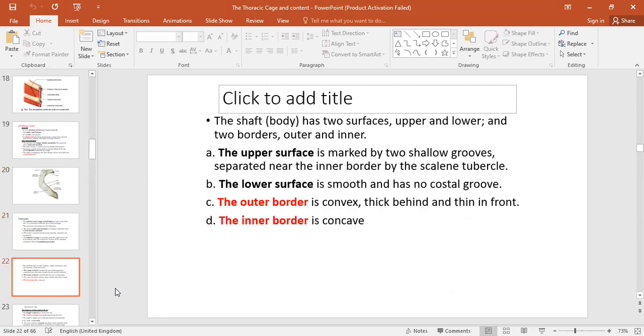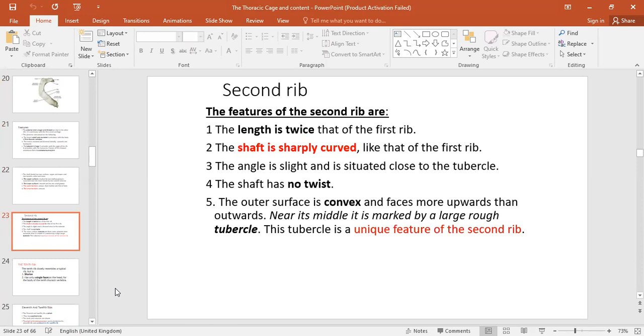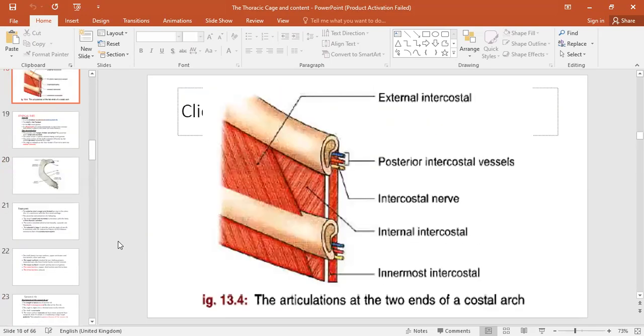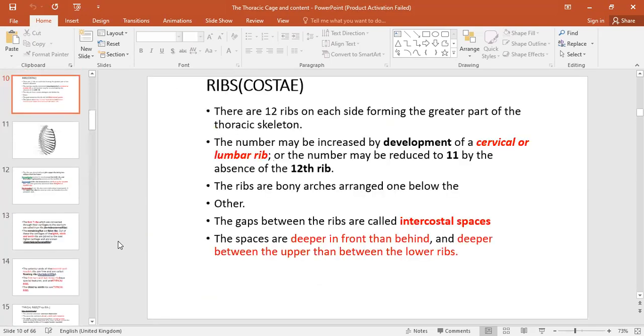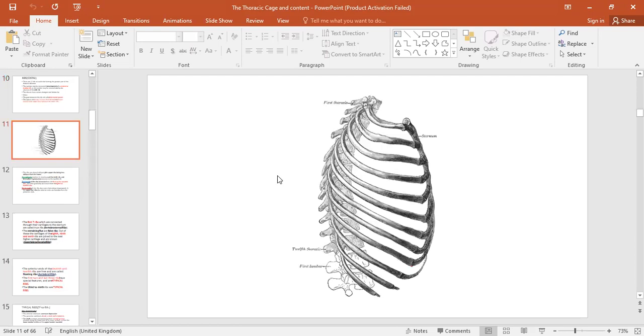Let's look at another rib that is considered as being atypical or modified. It's the second rib. So the second rib is quite similar to rib 1, except that the length is almost twice the length of rib 1. Okay, let me take you back to the rib cage. So this is rib 1.